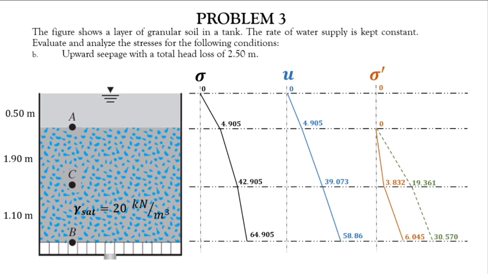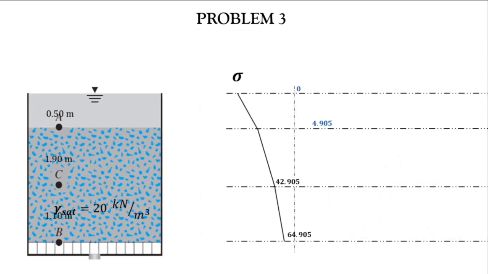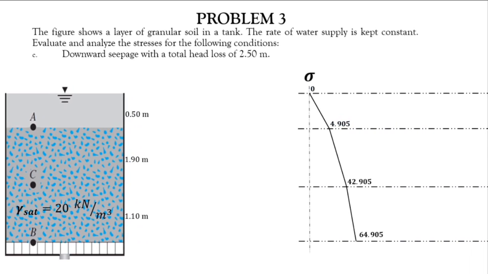Pero hindi pa tapos dahil meron pang isa para sa part C. Downward seepage naman, pero yung total head loss pa rin natin ay same pa rin as 2.5. So, ang flow natin manggagaling sa point A. So, mag-start ng point A, mag-flow through point C hanggang sa point B. At dahil manggagaling sa point A, si point A ngayon ang may pinakamataas na energy compare sa point C and point B. Pero dahil si point A nandyan sa unahan, kaya yung level ng tubig niyan, pantay lang dito.